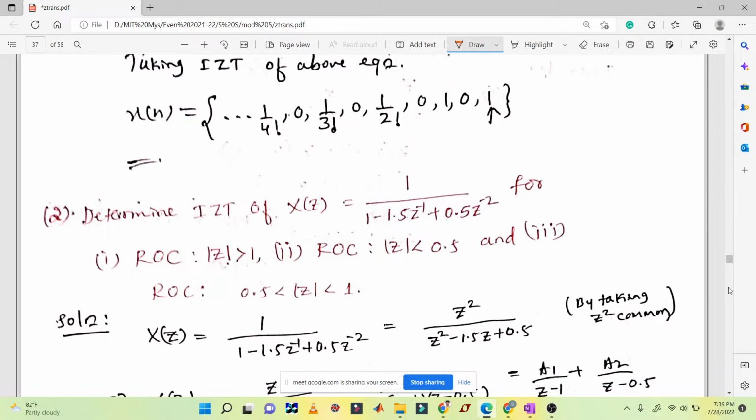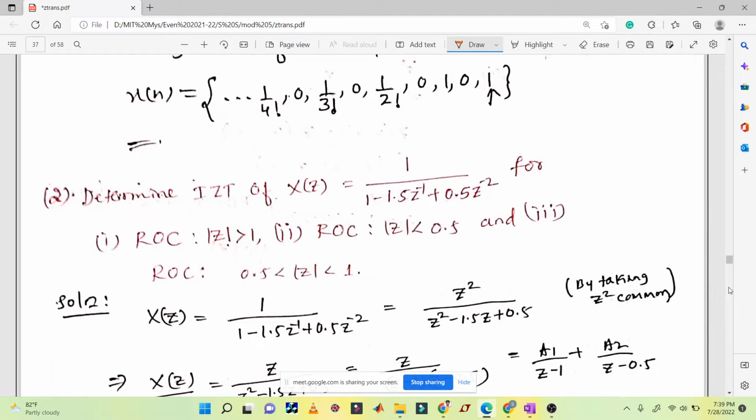Now we'll directly go to the important part of our inverse z transform.